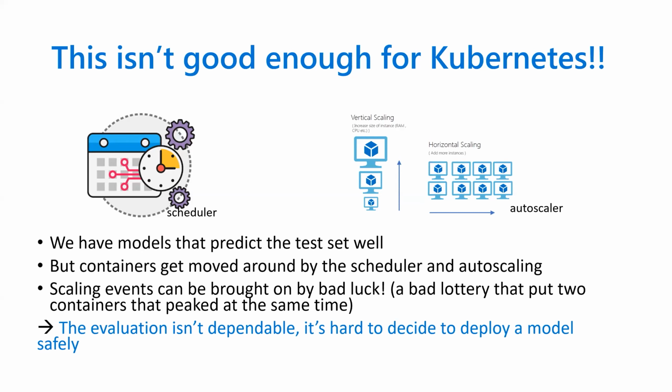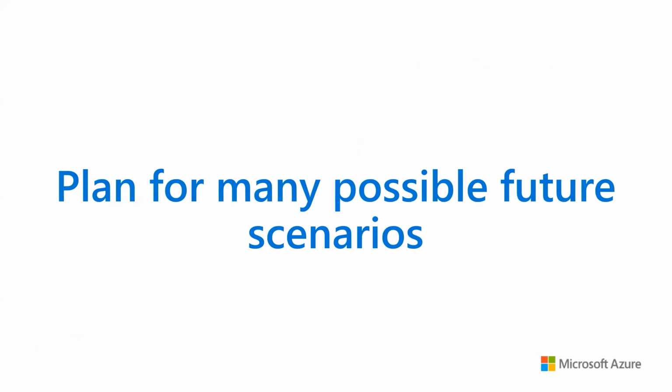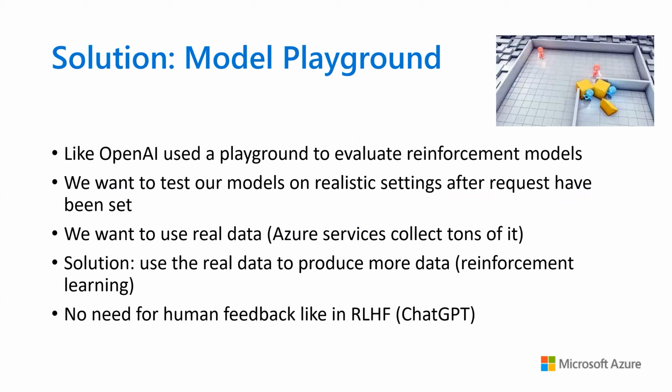And it's hard to understand which model is the best one to be deployed safely. Or in other words, we want to plan for as many possible future scenarios. So how do we do that? We were inspired by the OpenAI Playground to evaluate reinforcement models. I don't know how many of you are familiar with these two little blue guys pushing around these yellow boxes, but this project was done a year ago.